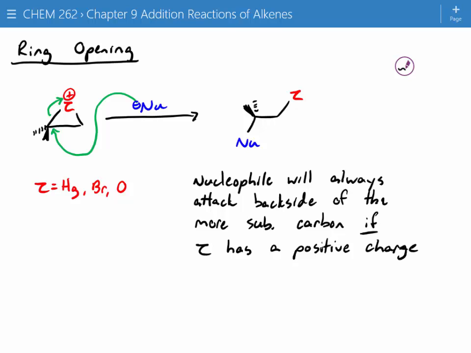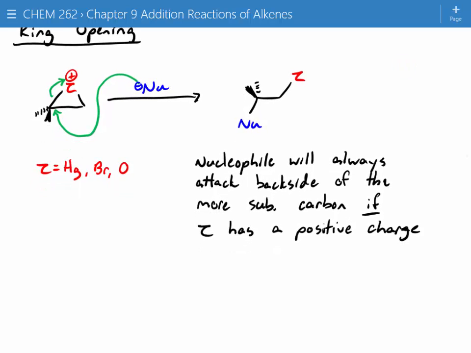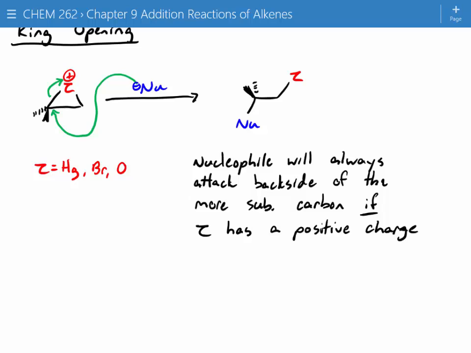This is a really important if, and we're going to talk about this a lot more when we cover epoxides again in our alcohol chapter. But for right now, just try to remember that the nucleophile, in this case, is always going to attack the more substituted carbon. Why does it do that?